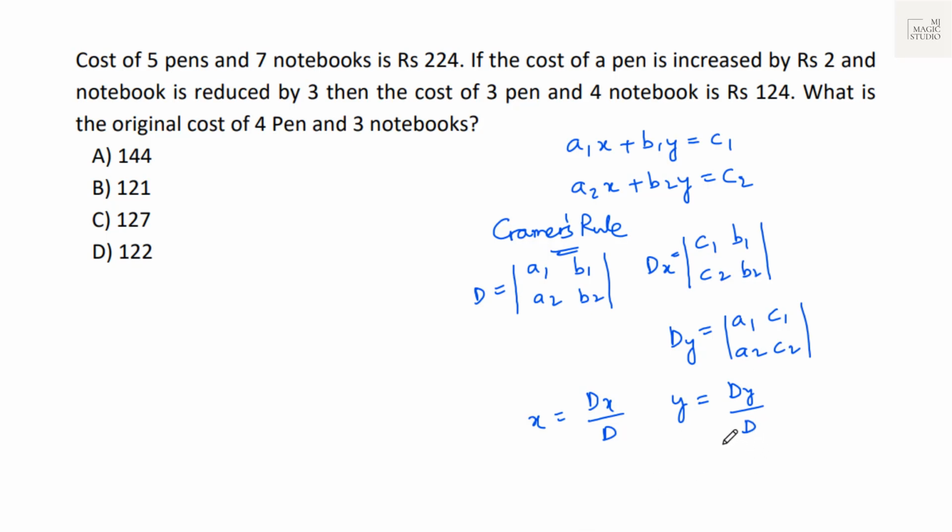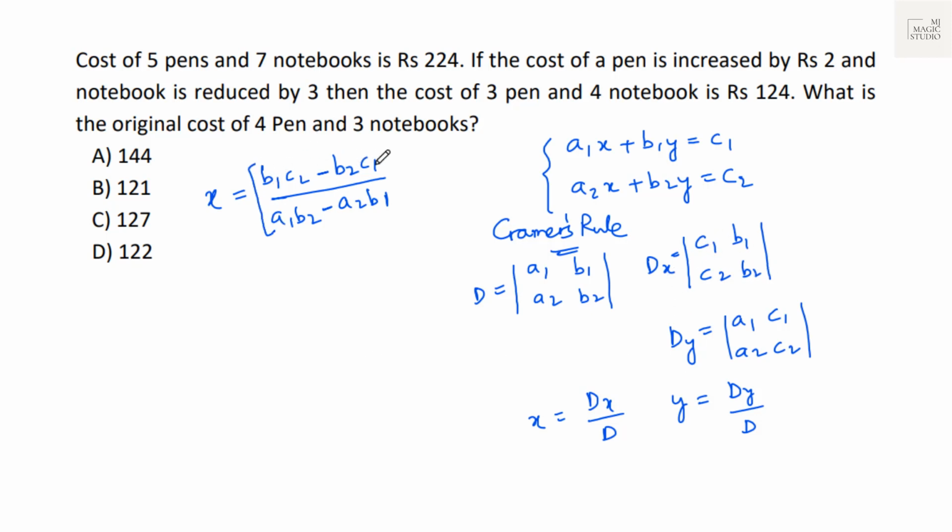That's it. It looks odd, doesn't it? Once you understand this, you can write the values straight away even without understanding Cramer's rule. How? The value of x will be: hide this x part, multiply crosswise, b1 c2 minus b2 c1, divided by the cross with the x and y, that is a1 b2 minus a2 b1.